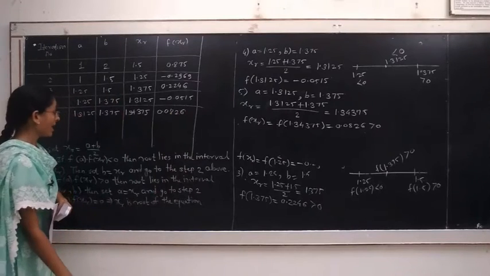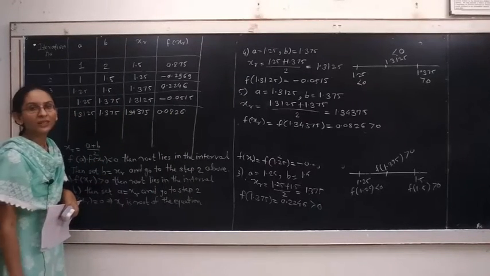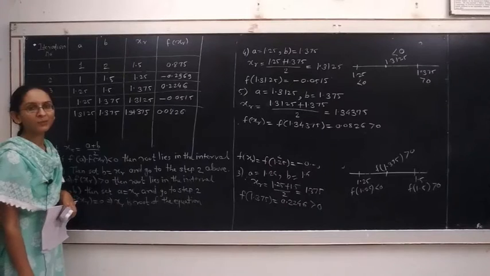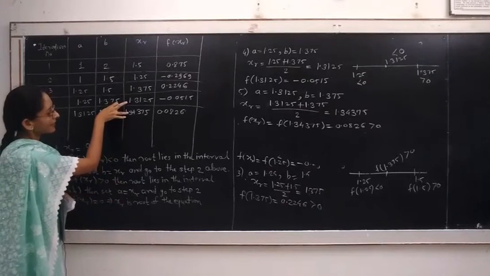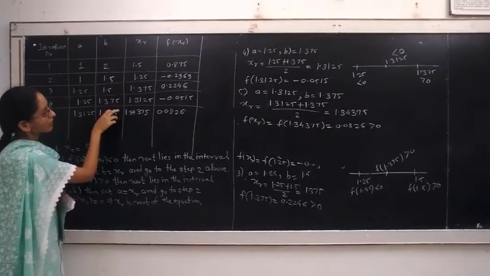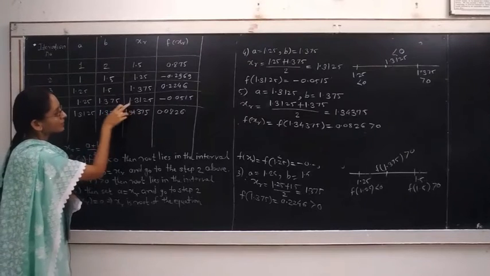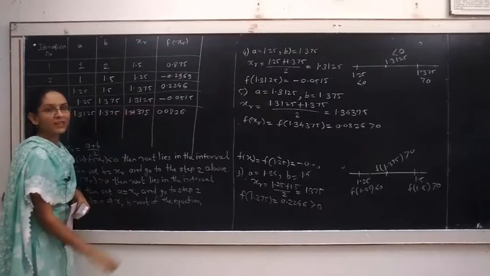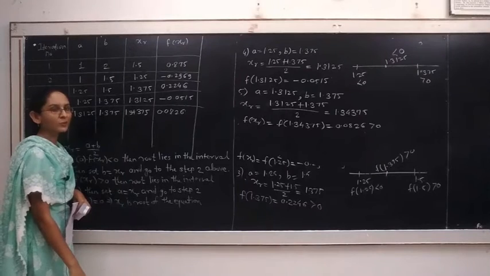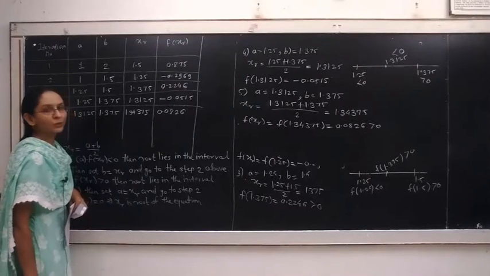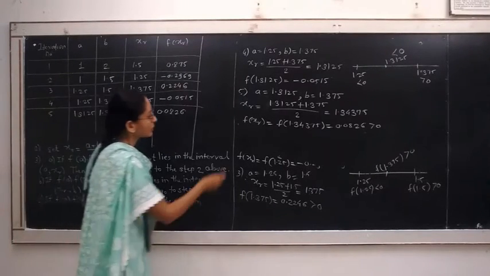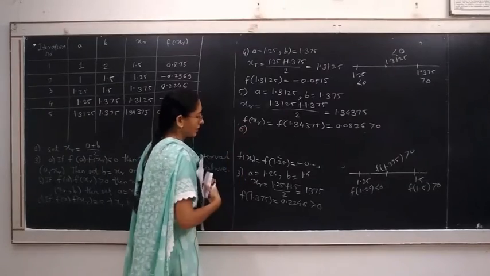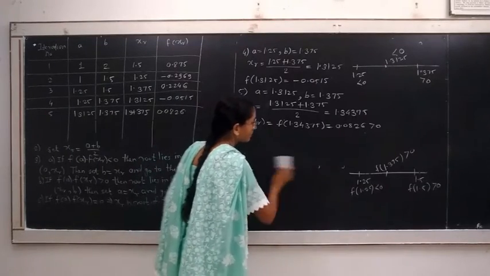We require the solution of the equation correct up to 3 decimal places. Now there is a variation of these roots. These roots are same up to only 1 decimal place. We want the answer to be correct up to 3 decimal places. So we go to the next iteration, iteration number 6.